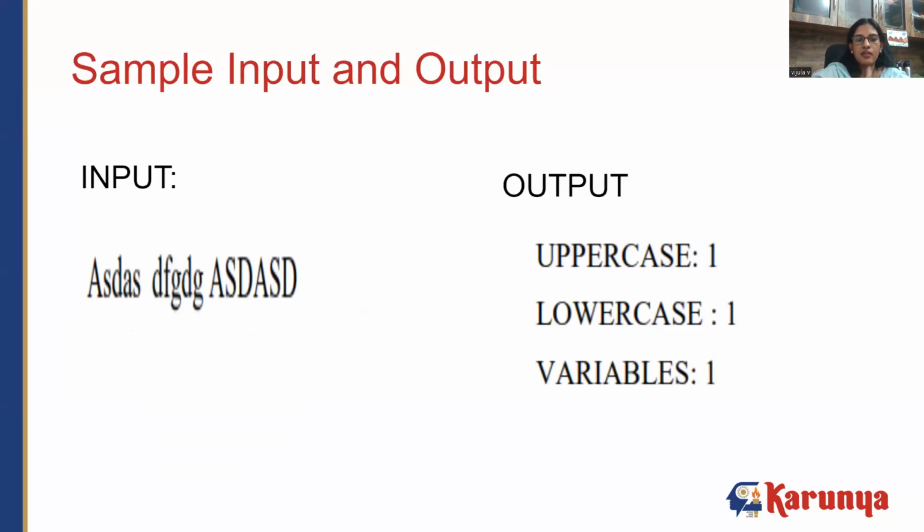This is the input given, and the output is as such. It shows the number of uppercase, the number of lowercase, and the number of variables in the given input. So this is the sample input and output of the program.